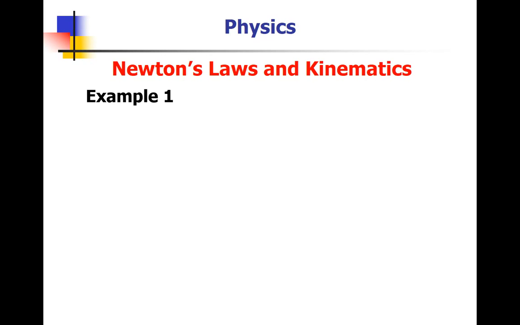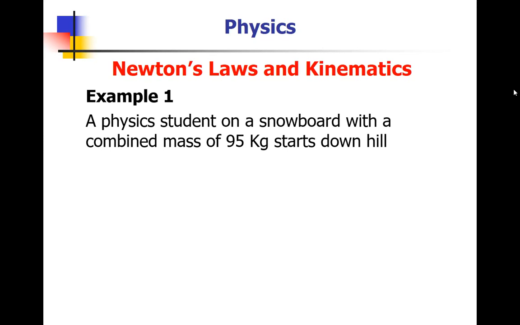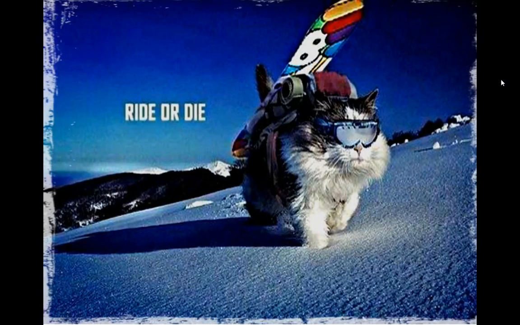Whenever I have a problem, the first thing I have to do is read it. A physics student on a snowboard with a combined mass of 95 kilograms starts downhill. You know, snowboarding. Gotta be a cool cat somewhere up in the Rockies fixing to bomb a hill.